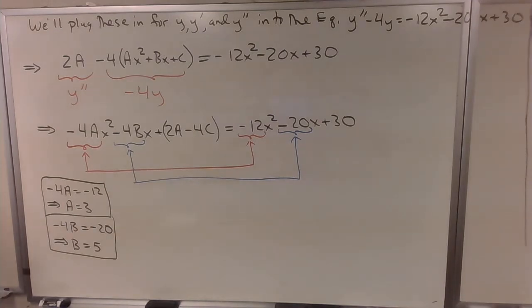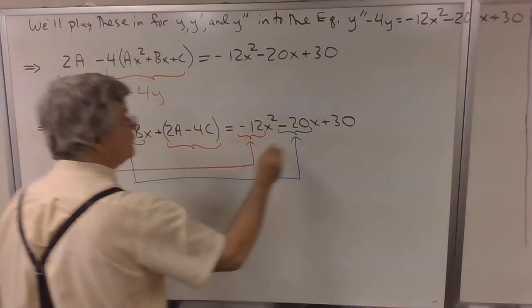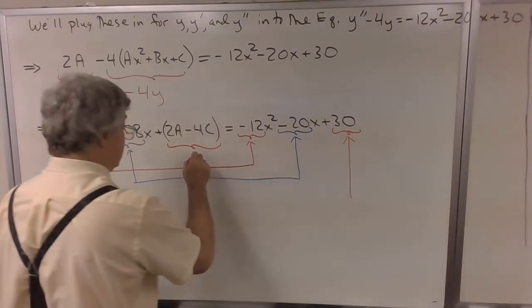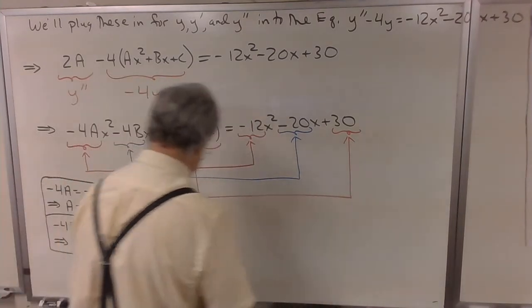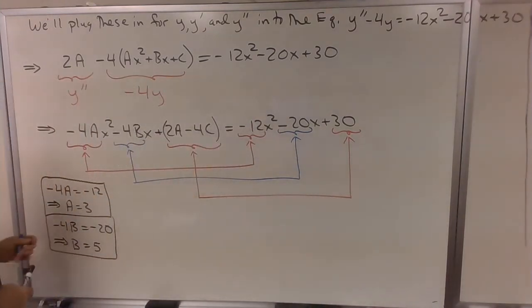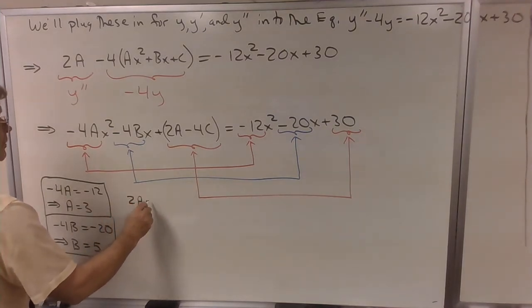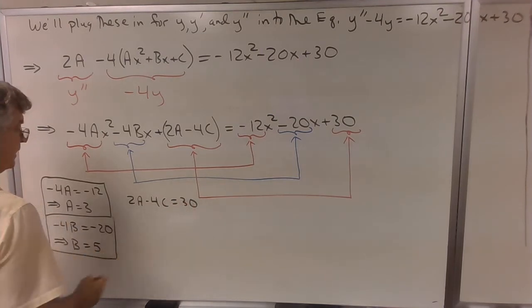And the constant term, well, this will take a little bit more detective work, but not much. What do we have here? 2a minus 4c equals 30.